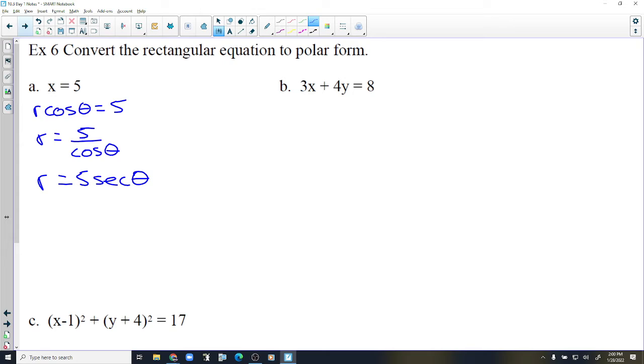Then over here we do something similar. 3r cosine plus 4r sine equals 8. That's what the toolbox tells us we can do. It says that they're equal to each other. Well, how are we going to get this to say r equals? What does your intuition tell you? Yeah, factor an r out, right?